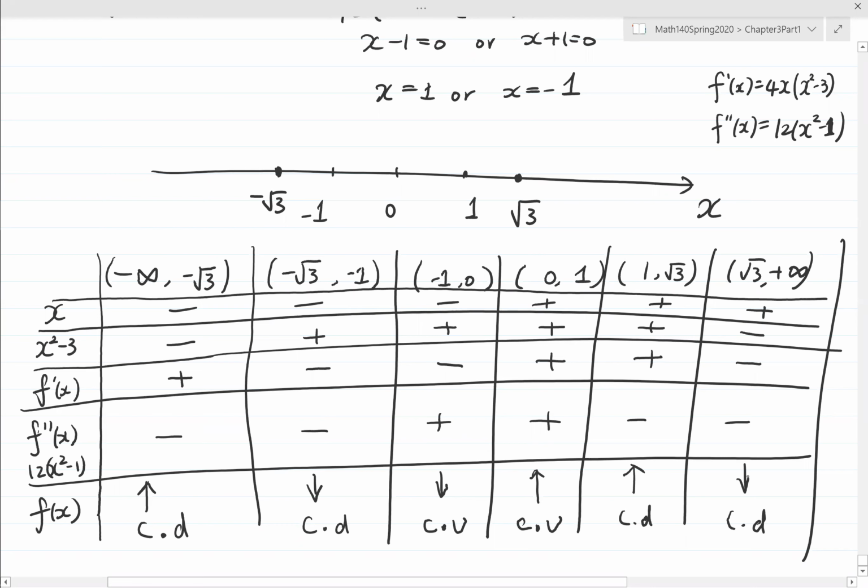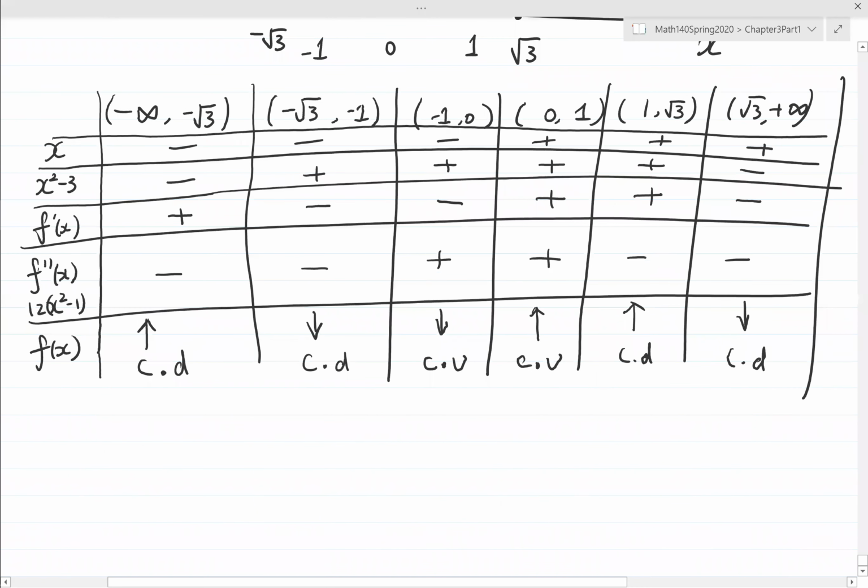Now how does this function look like? Here we see the interval from negative infinity to negative root 3, to negative 1. It changed from increasing to decreasing, so we have a local max.